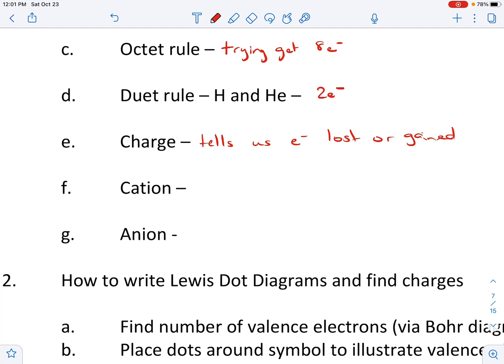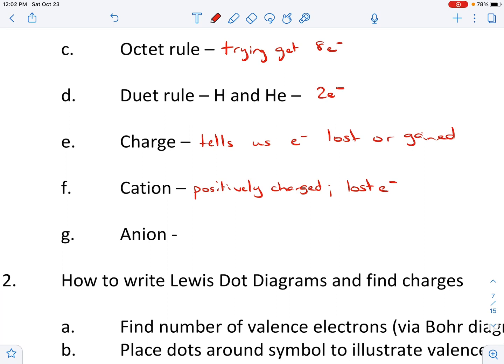The first type of charged particle, aka an ion, is our cation. Our cation is positively charged. Positively charged means that it has lost electrons, because if you lose electrons, you now have more protons than electrons, which gives us a positive charge.